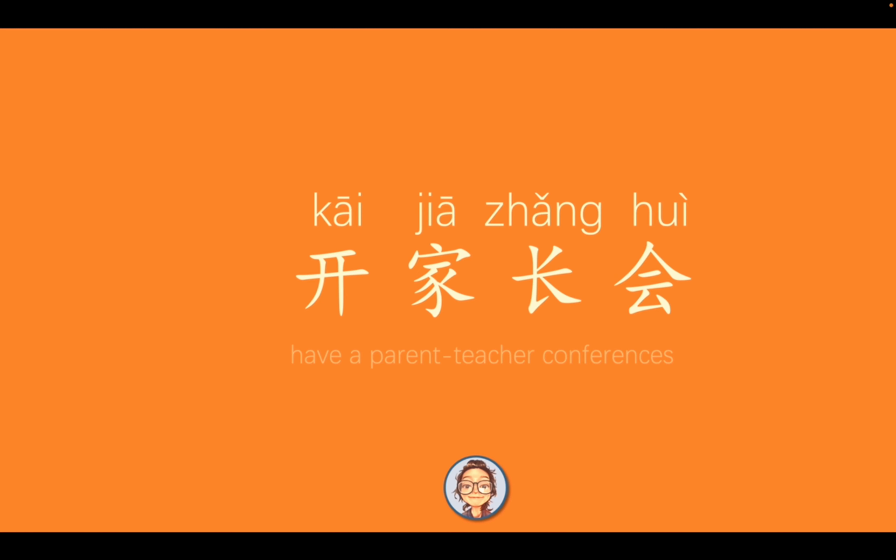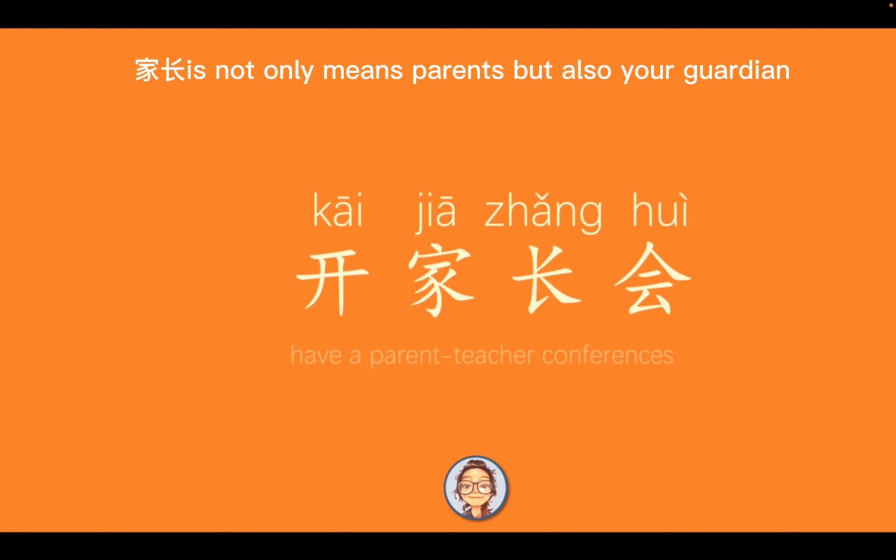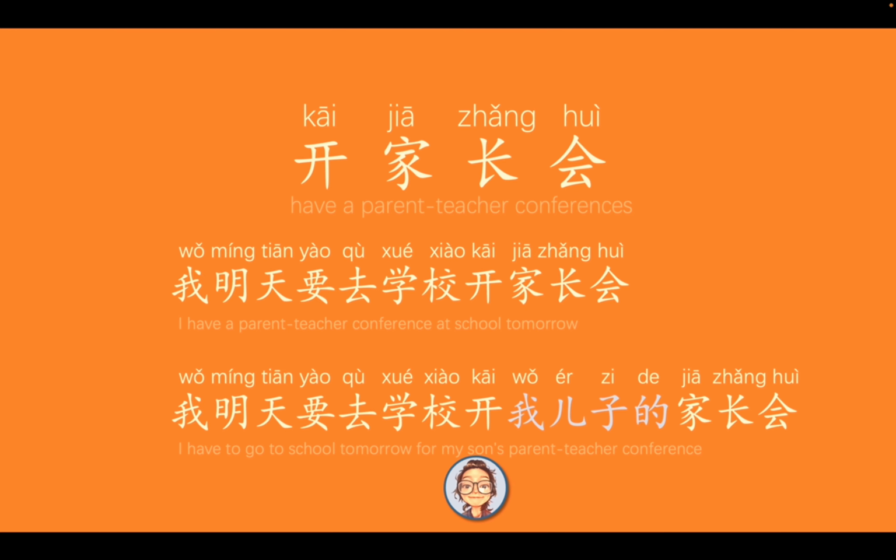But another meeting, especially for parents, 家长会. 家长 not only means parents, but also your legal guardians. 我明天要去学校开家长会。我明天要去学校开我儿子的家长会。The first one, 我明天要去学校开家长会, can be said by a teacher or a parent.